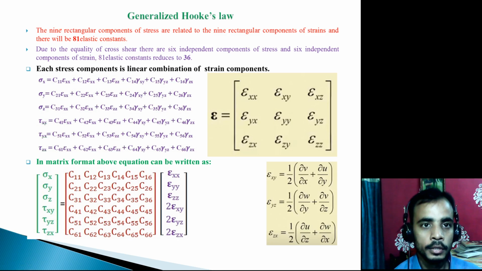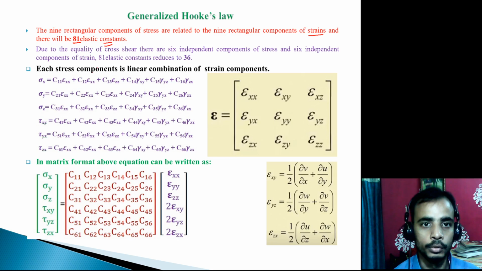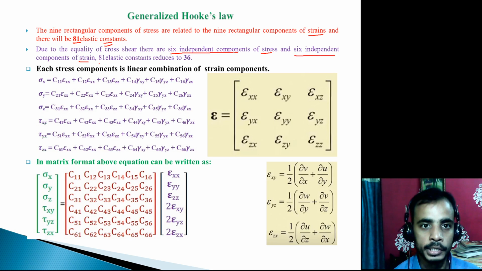Now, the 9 rectangular components of stress are related to the 9 rectangular components of strain, and there will be 81 elastic components, and due to equality of cross shear there are 6 independent components of stress and 6 independent components of strain. So the 81 elastic constants reduce to 36. Okay, and we will see this later in a future lecture.